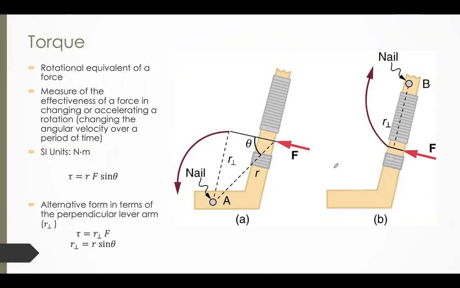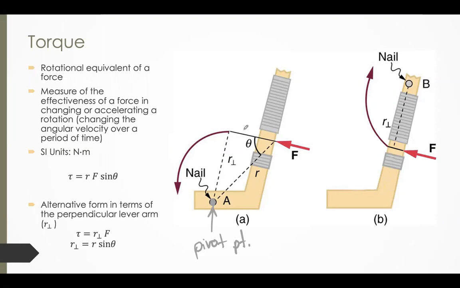Say we have this hockey stick, and a force is being applied in this direction, and it's nailed down like it has here. This is also called its pivot point. That's another term for it.